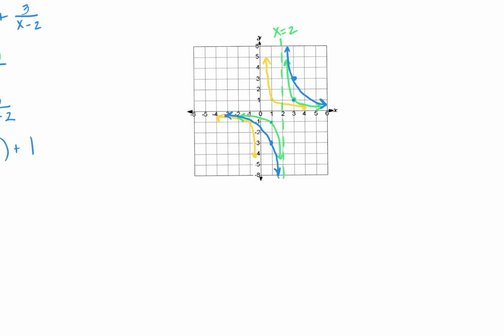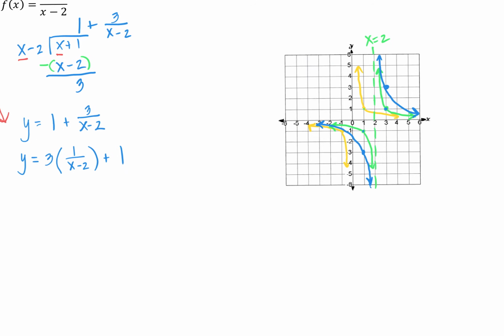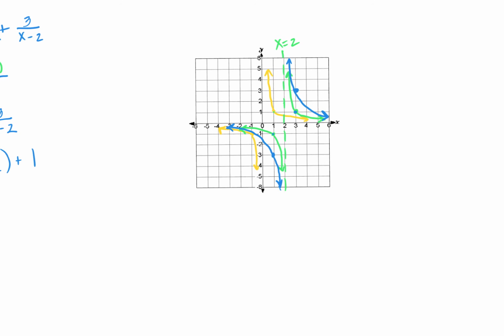Now I'm going to take that graph and plus 1. So I'll use black for this. I'm going to take the point 3, 3, and I'm going to shift that up 1. But also remember that what I've done is I've shifted my horizontal asymptote up 1 as well.